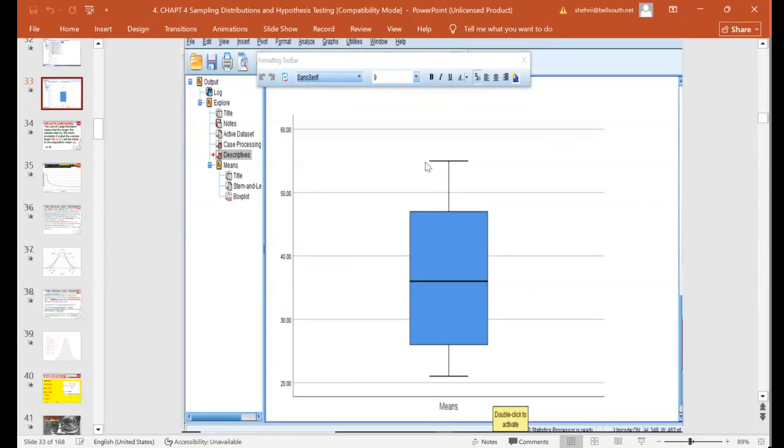It tells you the highest mean, the top handle, which is like 55 or something. And the lowest, the lower handle, which is a little over 20, maybe 22. And then the thick black line in the middle of that rectangle is the middle score, the average.